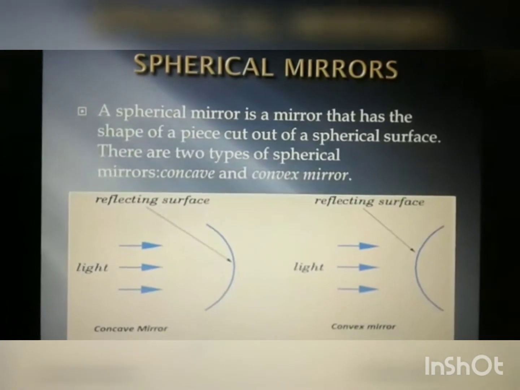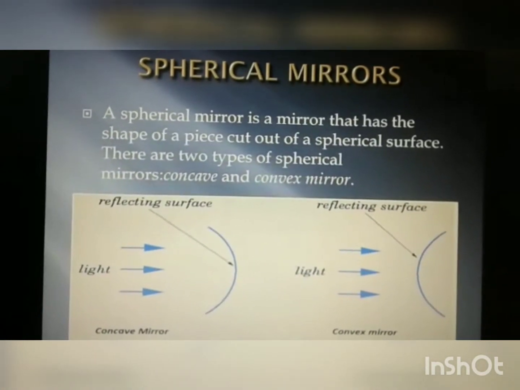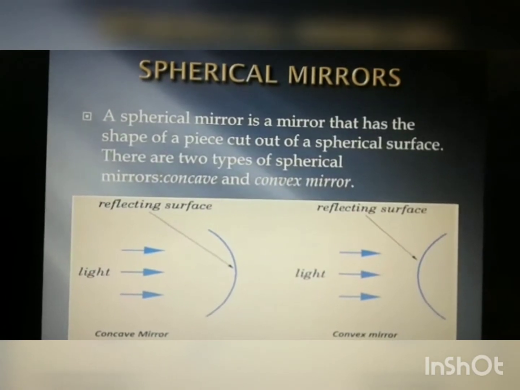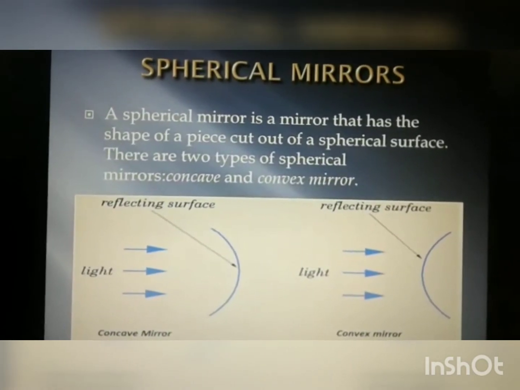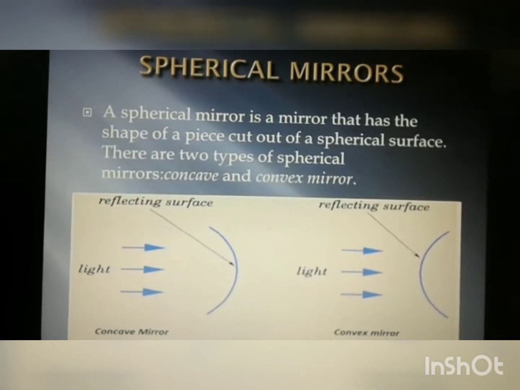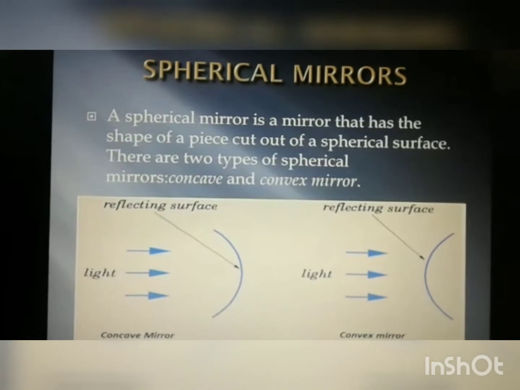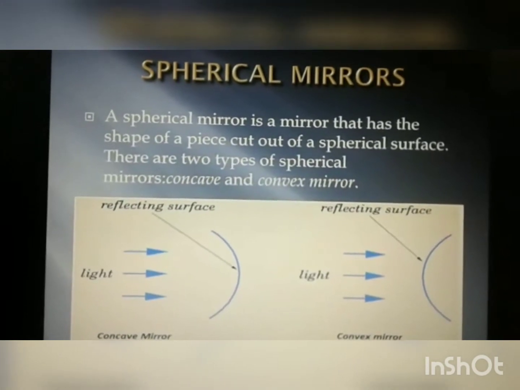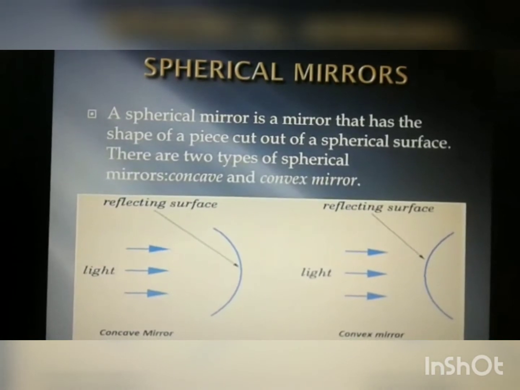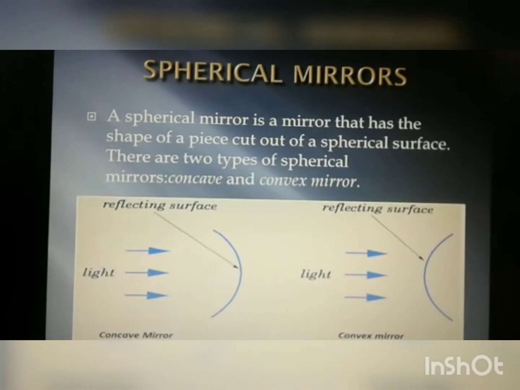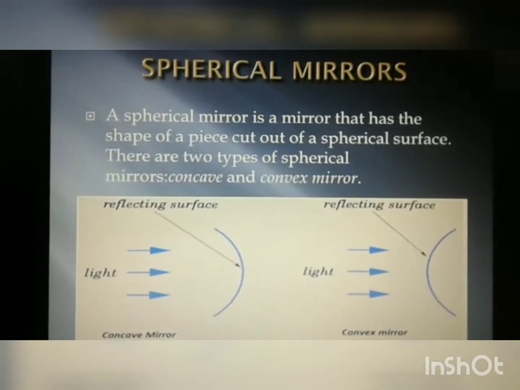Now, the reflecting surface of a spherical mirror may be curved inwards or outwards. A spherical mirror whose reflecting surface is curved inwards, that is, faces towards the center of the sphere, is known as a concave mirror. And a spherical mirror whose reflecting surface is curved outward is called a convex mirror.